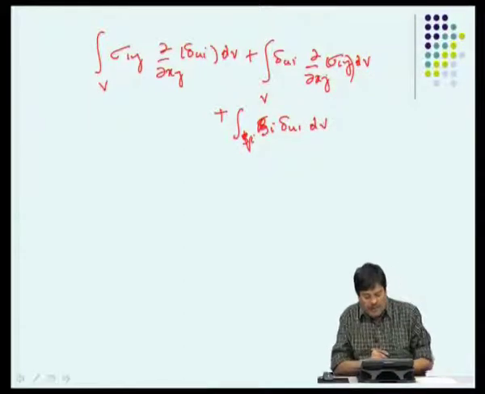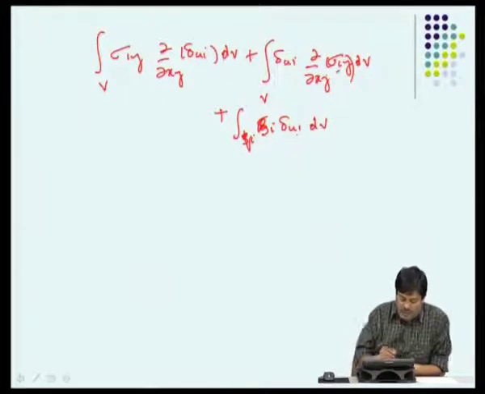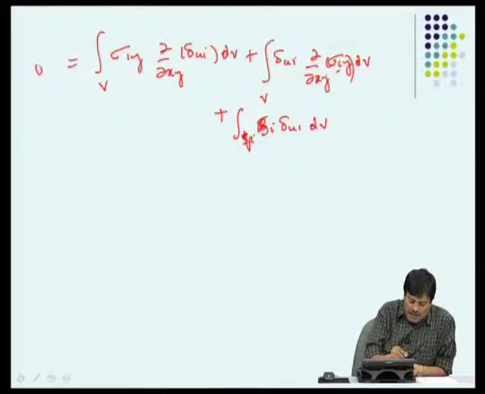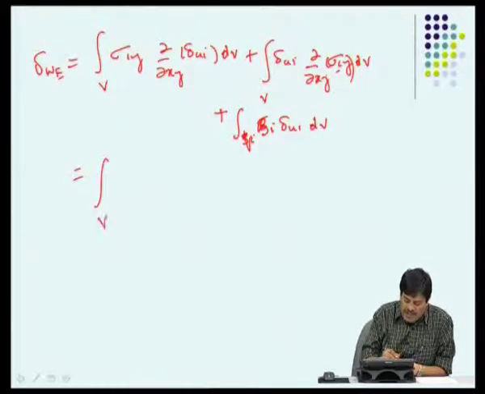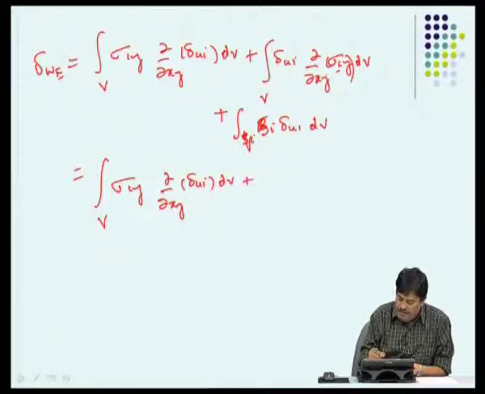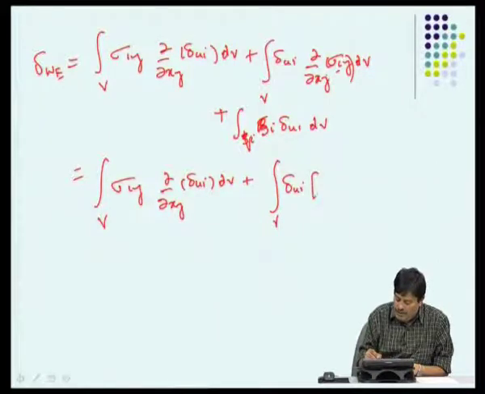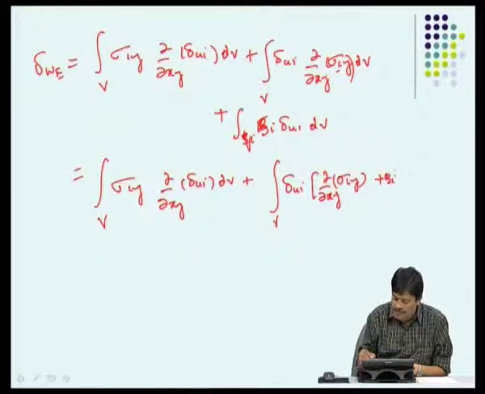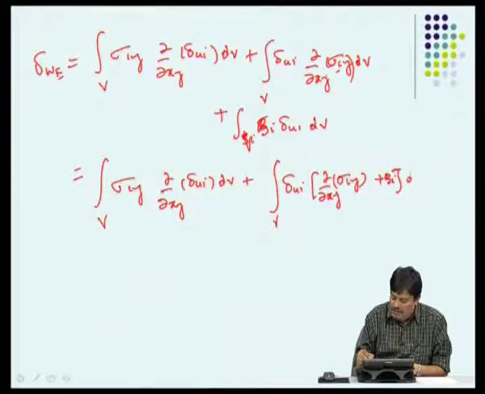So, now what we do here is we club these things together. So, this is delta WE. We club these things together and we say sigma ij into d by dxj of delta ui dV, plus integral over the volume delta ui into d by dxj of sigma ij plus bi into dV.